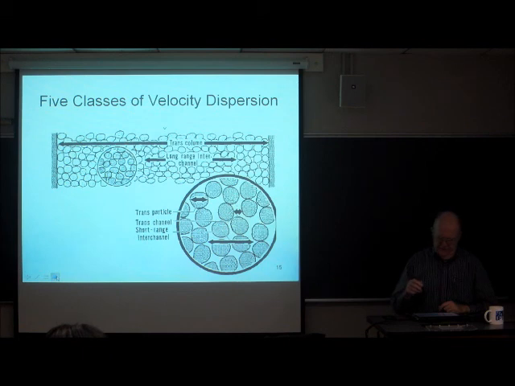So what I want you to think about is this top picture here. This is the inside of a column, and you could think of this as the positive and the negative radial position. And right here is the center of the column. That would be R equal to 0. And the flow direction is that way.